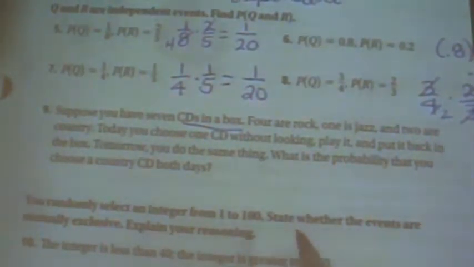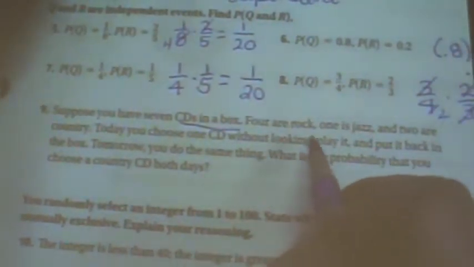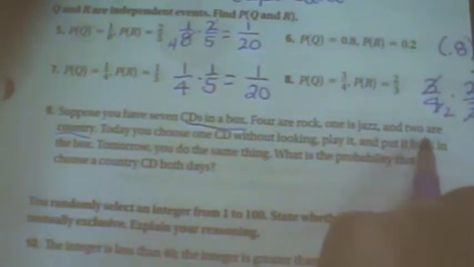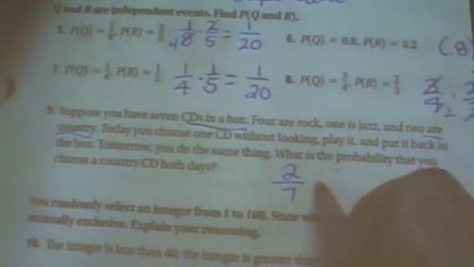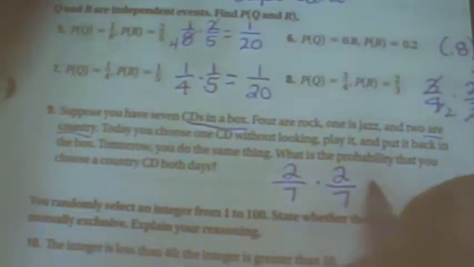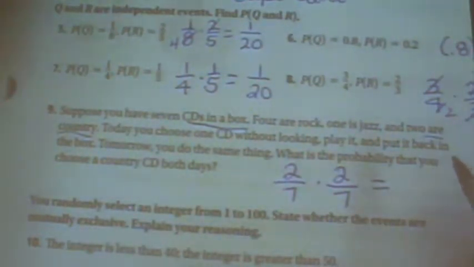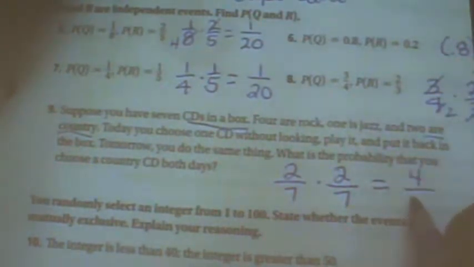What is the probability that both CDs are country? Well, how many are country? 2. 2 out of what? 7, since you're putting it back. 2 out of 7. What's 2 over 7 times 2 over 7? 4/49. Yep.